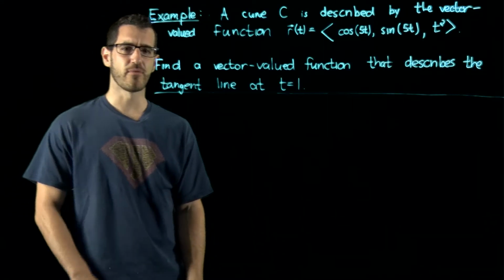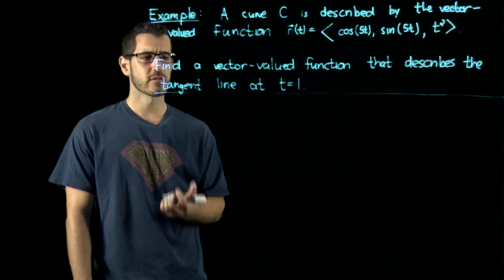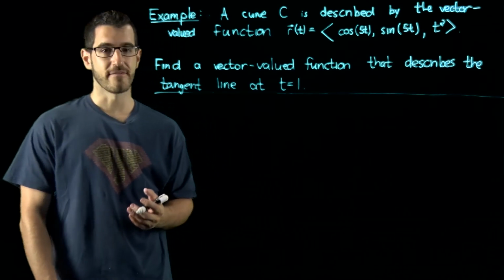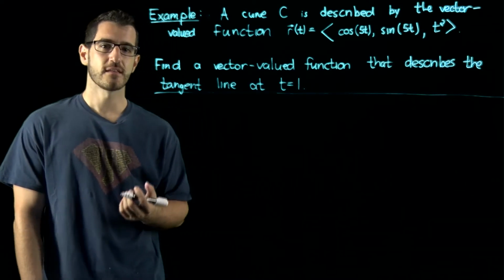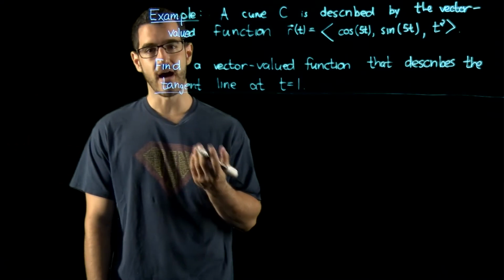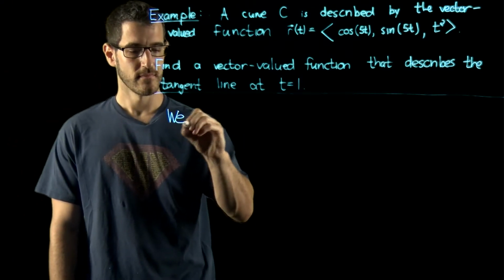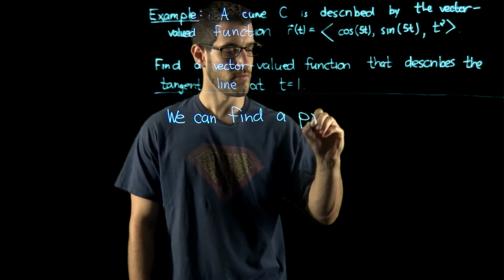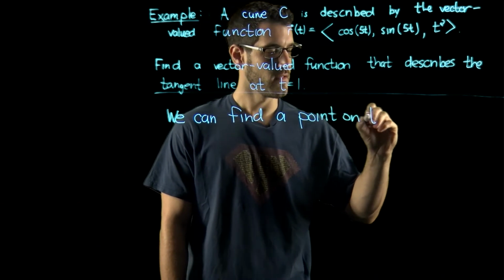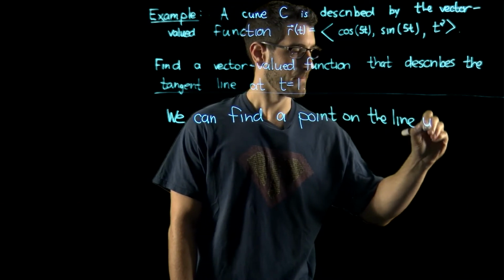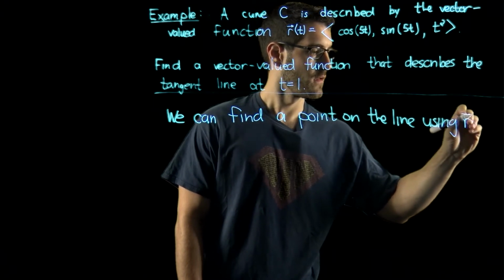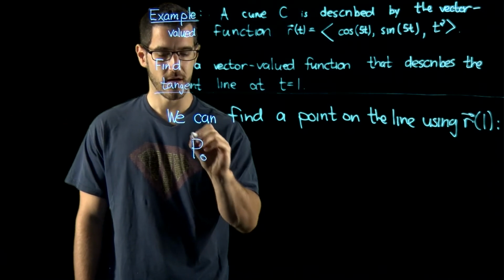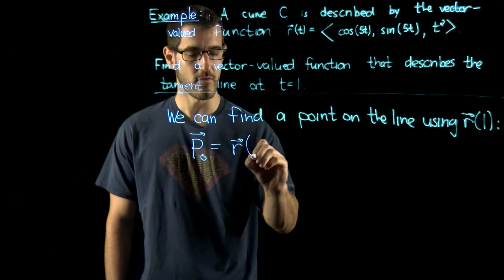Okay, so now we have to find a point on the actual tangent line. And in order to do that, we're going to use the fact that the tangent line and the actual curve have to agree at the point of tangency. So we can use r of 1 to find a point on the line. So our P0 will just be r of 1.